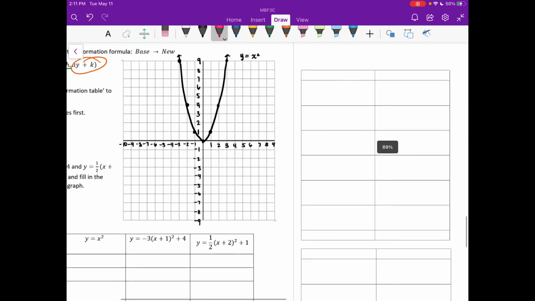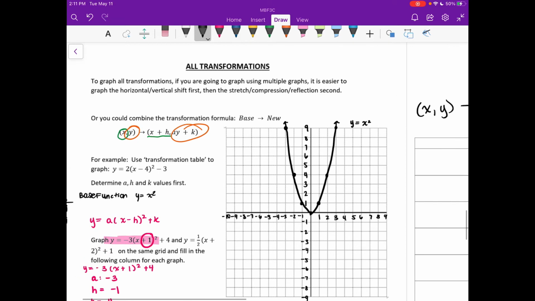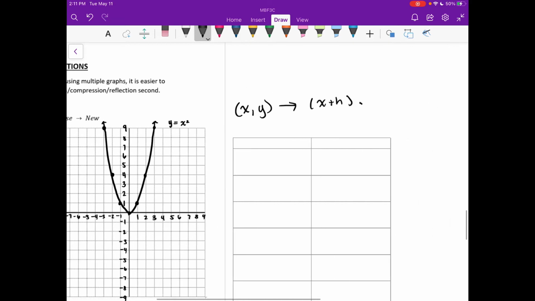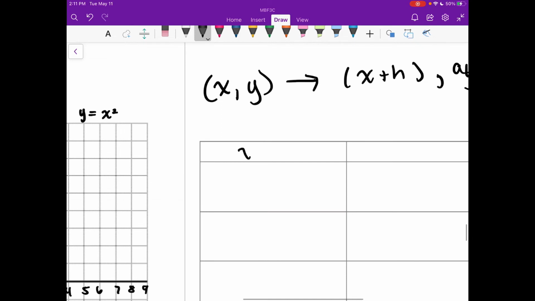So here what I'm going to do is I'm going to say I'm going from x, y to my x is going to be x plus h. So if I go here, it says x plus h. And then my y value is going to be ay plus k. Right? So let's just go put in these placeholders for now.